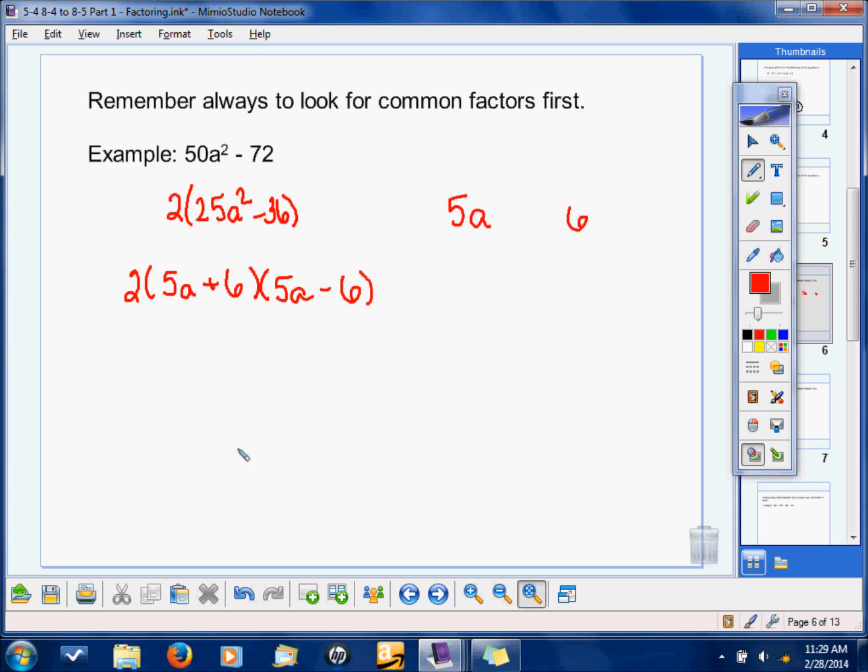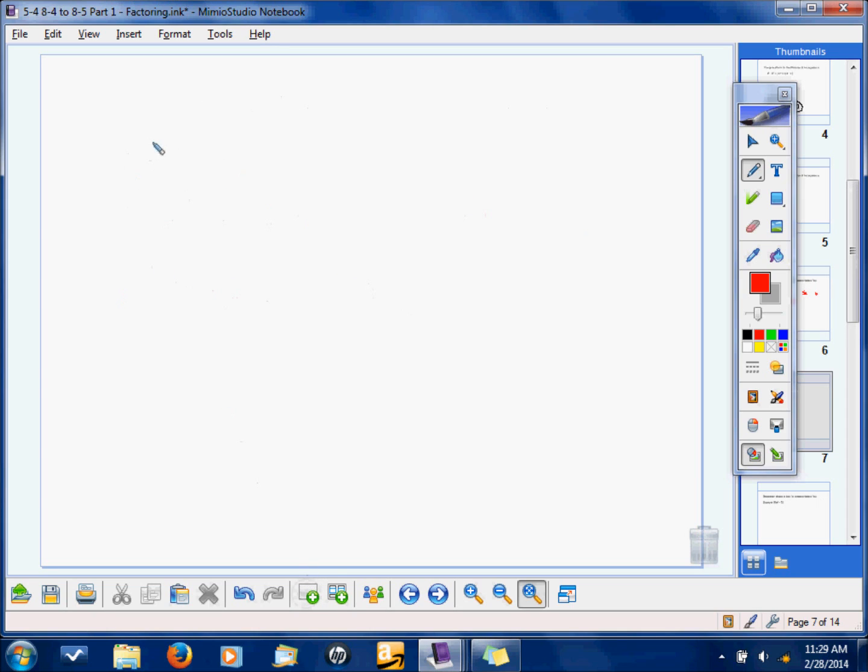I don't think. Do you have one in mind? Okay, let's take a look at that one. Read it to me. 36x squared minus 25y squared. That's 6 squared. Oh, I see, because you're looking at 2. Because you pull it out by 2 and then it doesn't turn out. Okay, yeah, I'm sorry. It can't happen.